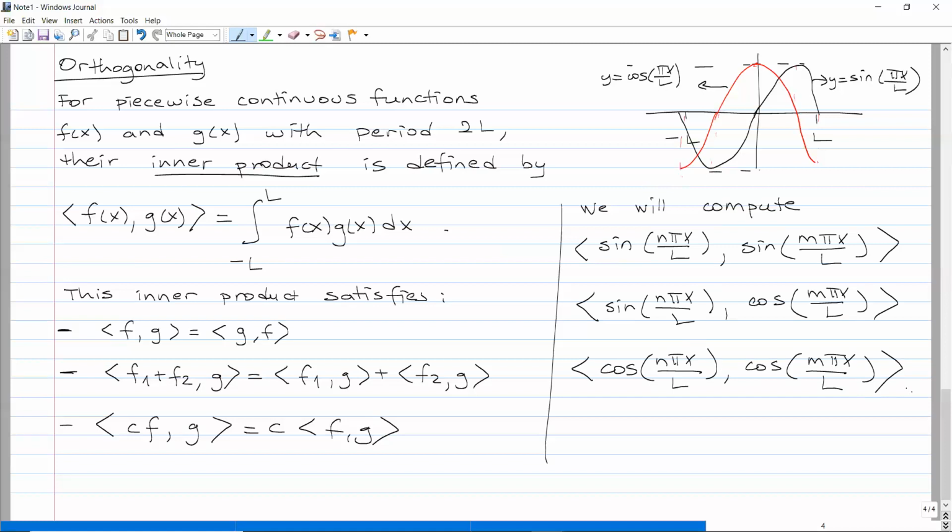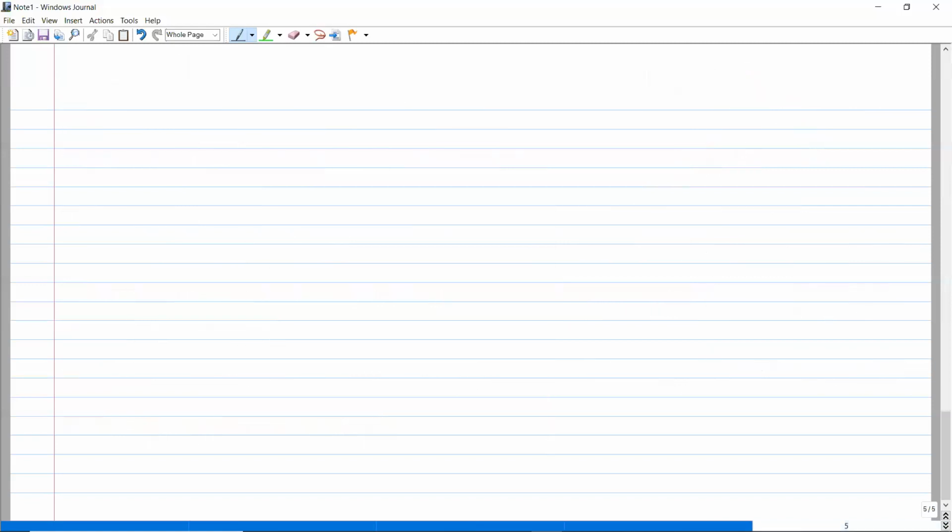But to compute, it means we take the product and integrate from minus L to L. To do this, we need some trig identities. We need the trigonometric identities.